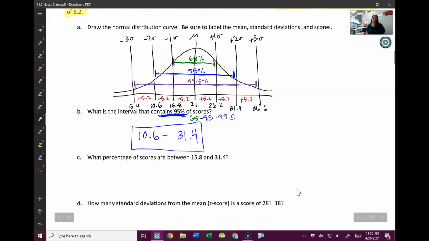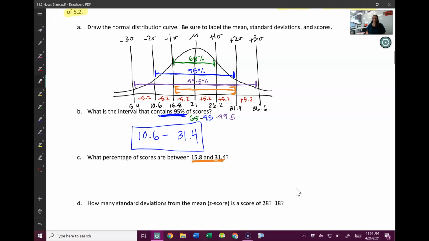Now, here's a slightly harder question. What percentage of scores are between 15.8 and 31.4? So I want to know from 15.8 up to 31.4. I want to know that percentage right there.